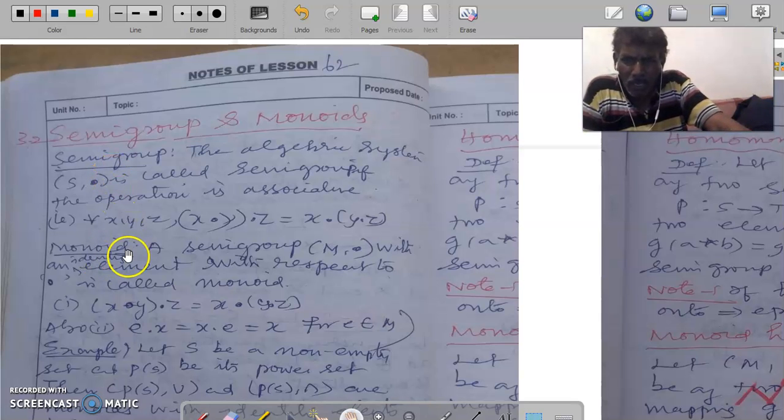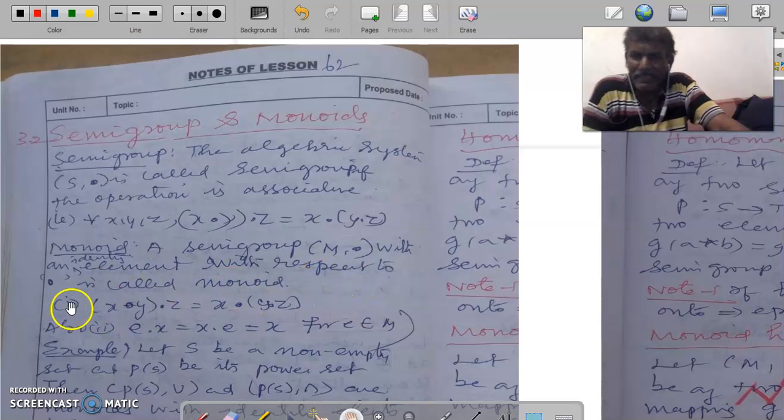Now what is a monoid? In the semigroup (M, dot), if there exists an identity element, then we say that the structure (M, star) is called a monoid.